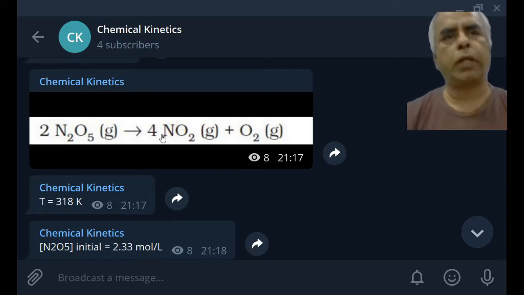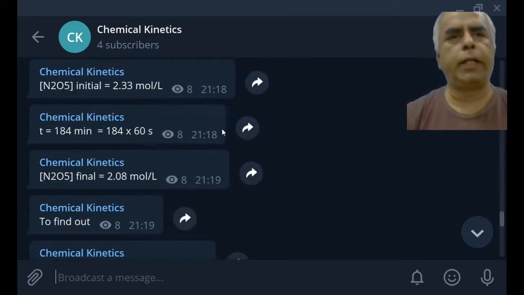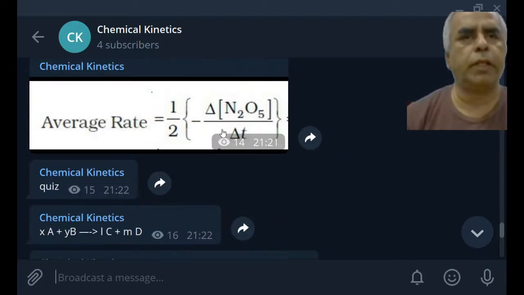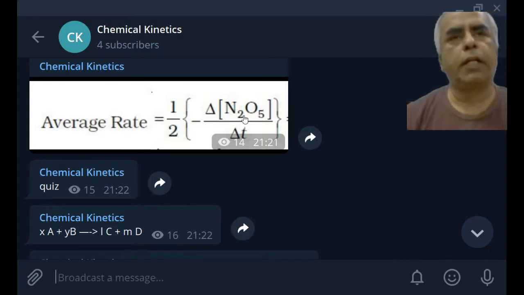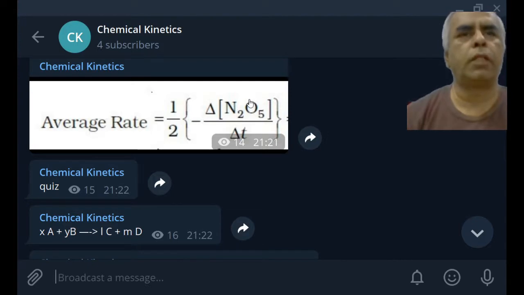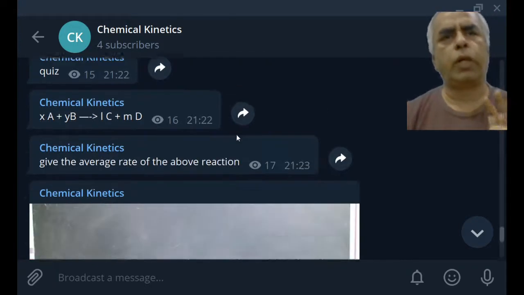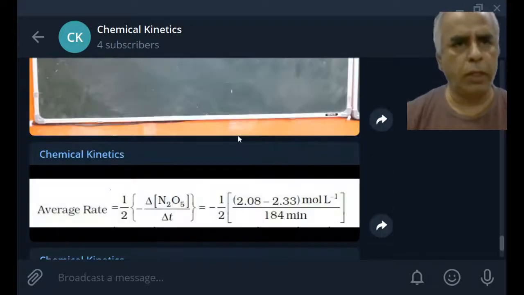Then reciprocate it. So 1 by 4, then delta [NO2] divided by delta t. I hope now it is very, very clear for you. So first they asked the average rate of the decrease of concentration of N2O5. So you have to put 1 by 2 into minus delta [N2O5] divided by delta t. Substitute and get the answer. Are you comfortable now? Okay.